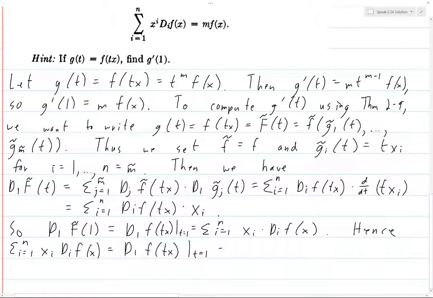And so then this is, of course, the same as g prime of 1, just by definition. And that's m times f of x. And that's what we wanted to prove.